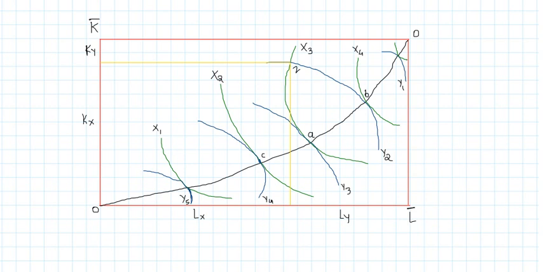So all the points which lie on the Edgeworth contract curve basically indicate all efficient allocations of inputs, and if you are at any of these points A, B, C, they are also alternatively known as Pareto optimal points.